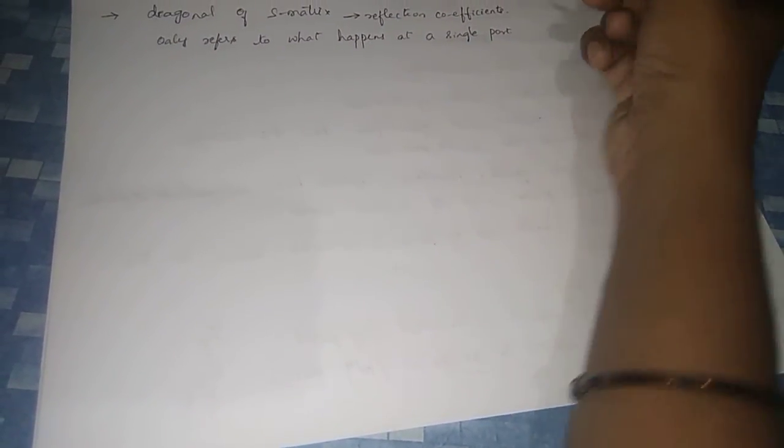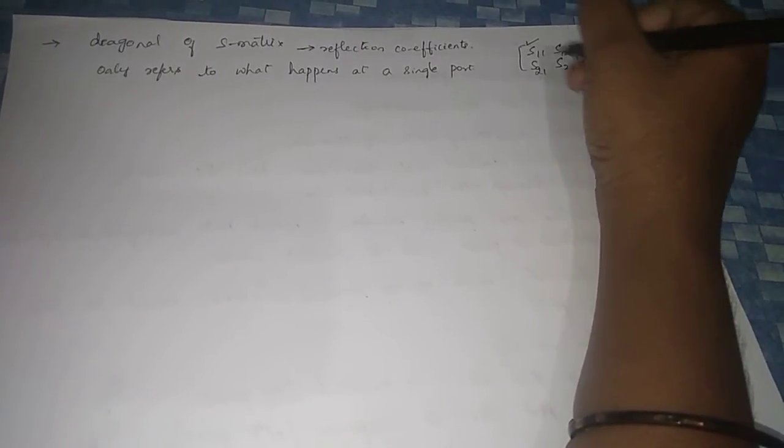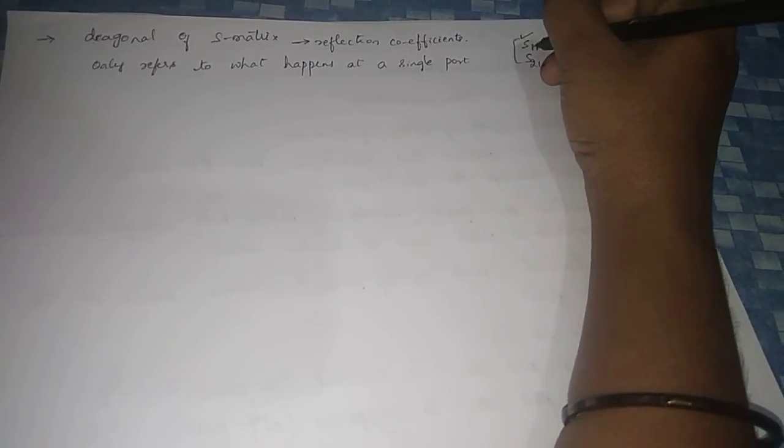Your S11, S22. Say if I take a two port network, you will be getting S11, S12, S21, S22, right? In the matrix, S11 and S22 are called the diagonal elements of the S matrix. So here you can see it corresponds to only one port, S11.